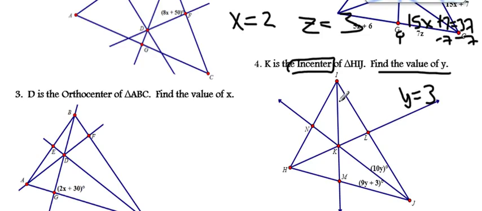An incenter, that's where 3 angle bisectors intersect. So this angle is congruent to this angle. Angle NHK is congruent to KHM. And angle LJK is congruent to angle KJM. Well, this right here is how we set up our equation.